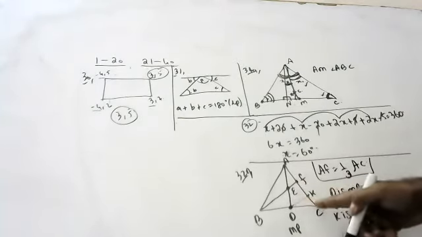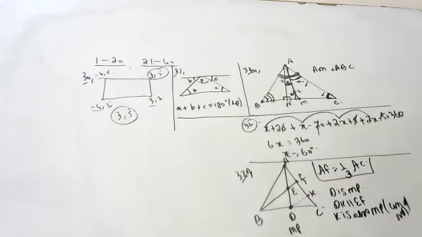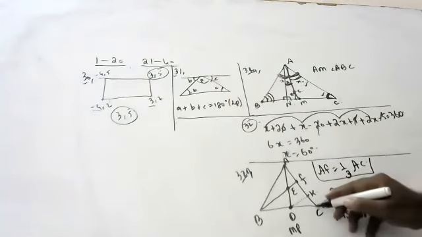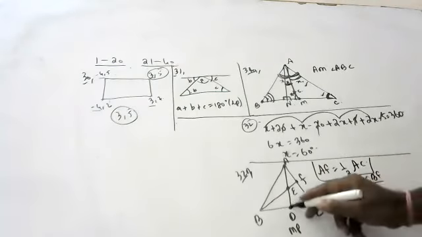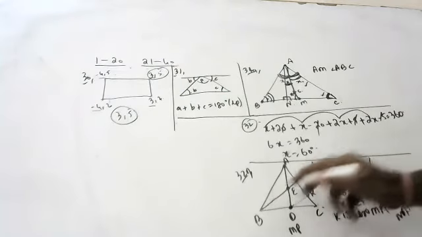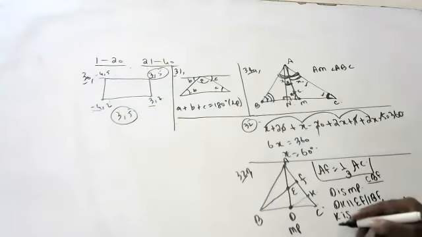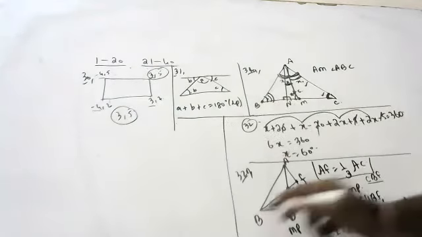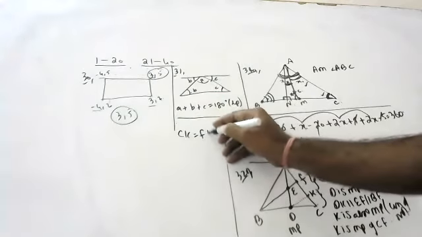D is midpoint, so DK is parallel to BF, so K is also midpoint, that is, K is midpoint of CF. If K is midpoint of CF, CK is equal to FK.